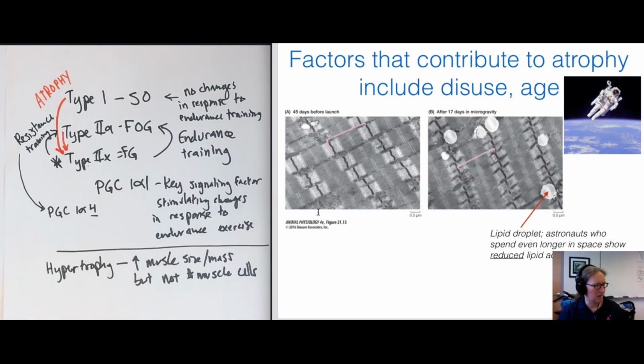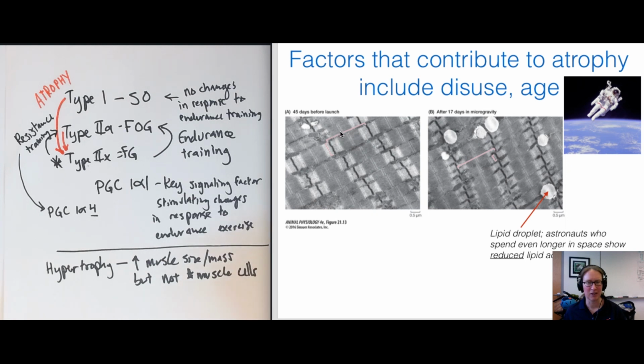The major factors that tend to contribute to atrophy are disuse and age. Here are some muscle tissue biopsies from astronauts. They spent some time in space, where they're not experiencing gravitational forces, which are very important for physiological work. Before launch, this slide illustrates one sarcomere within muscle, standardized to the length of the sarcomere.